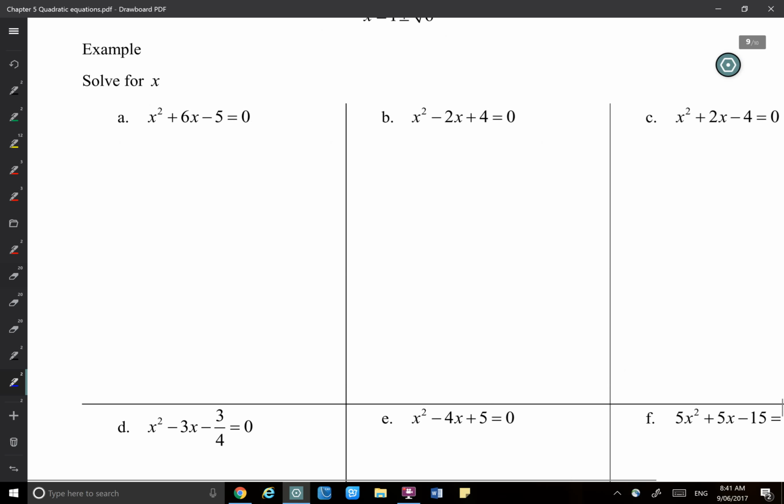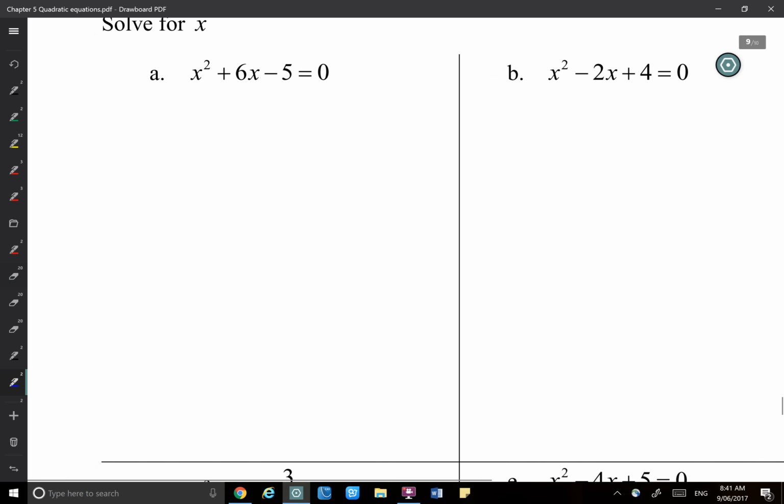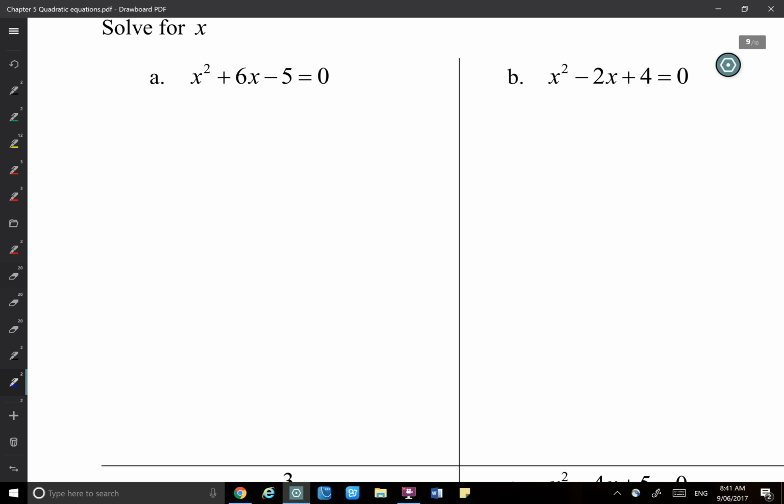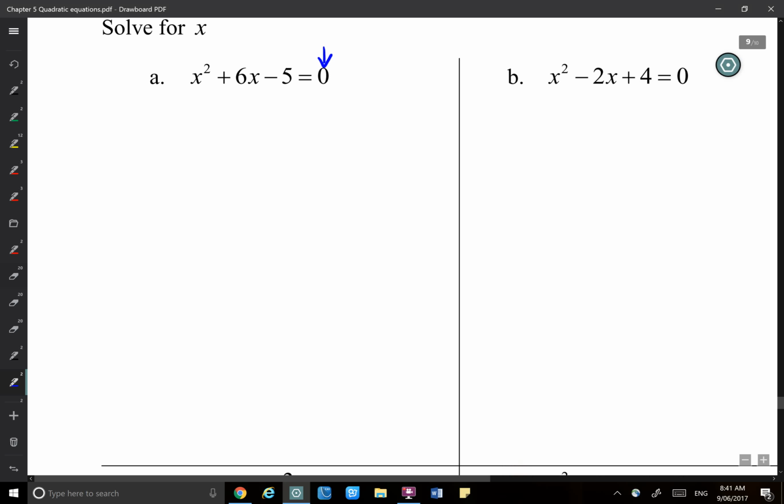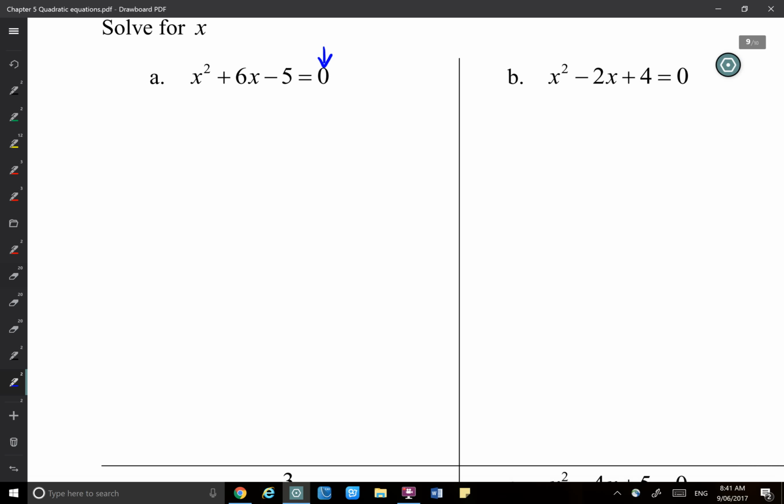Okay, x squared plus 6x minus 5 equals 0, and I want to solve this. I need to factorize it. It's 0 on the right, which is all good, and I want to factorize the left-hand side. But let's think about the negative 5. A negative 5 cannot make a 6.